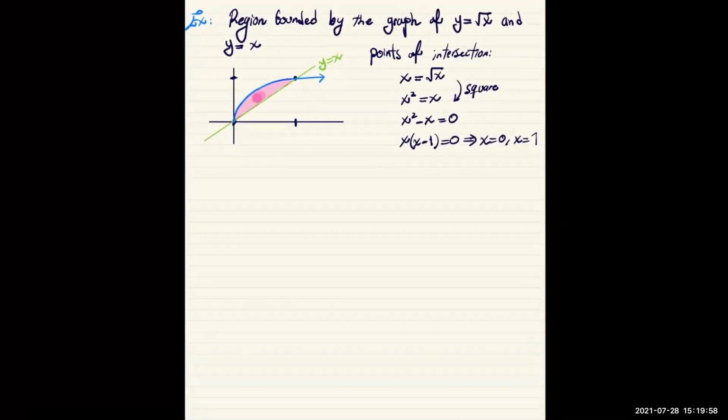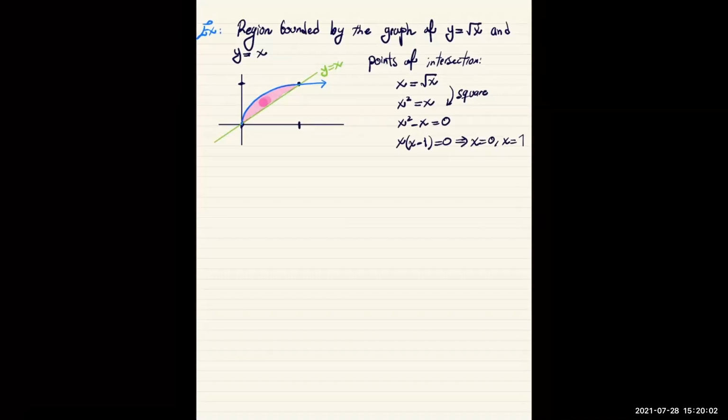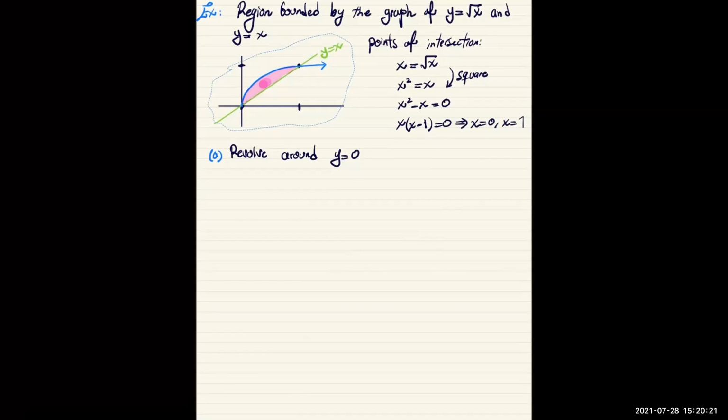Okay, so now we are gonna do a bunch of questions. Part A, let's just revolve around y equal to 0. Okay, so we're just talking about the x-axis here. And I'm gonna copy and paste this.